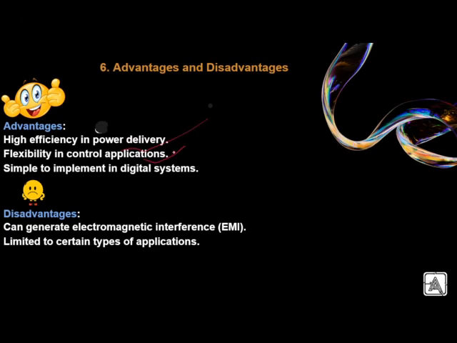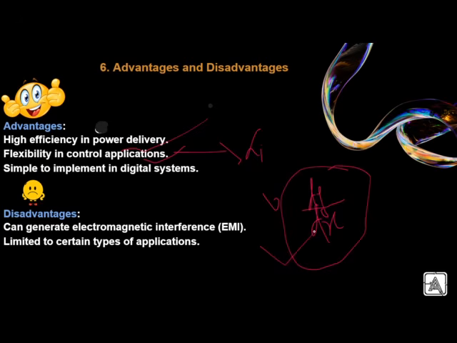Flexibility in control. This flexibility in control is due to its linear characteristics. What are linear characteristics? Suppose you are given an equation in the form of dy by dx, some linear equation like dy by dx plus y equals 0, and another equation in the form of d2y by dx2 or d3y by dx3.